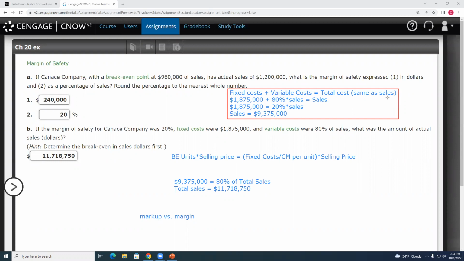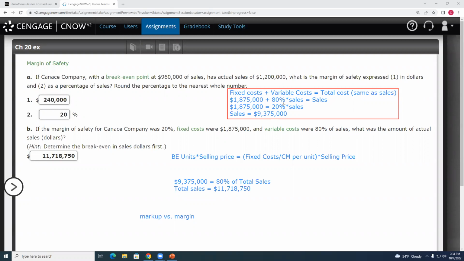That's the break even point. So I just plugged in what we knew. We knew our fixed costs were 1,875,000. That was given right here in the exercise. We don't know what the variable costs are, but we are told they're 80% of sales. So I plugged that in, 80% times sales equals, and I plugged in sales for total cost because we knew that's what it would be at the break-even point.